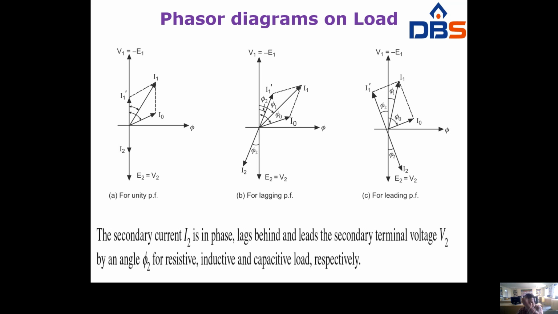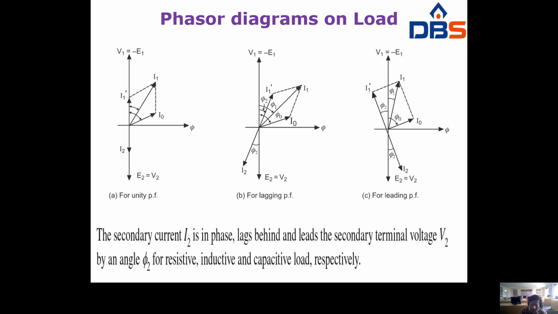Right? So in this manner, we have to draw the phasor diagram for different loads: resistive load, inductive load, capacitive load. For resistive load, secondary current and secondary voltage both are in phase. And primary leakage current is produced because of secondary current. That's why you have to draw the exact opposite to that of I2.